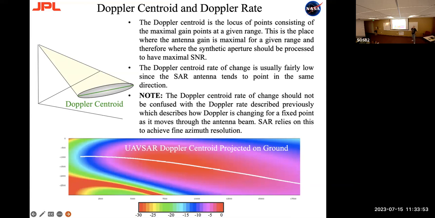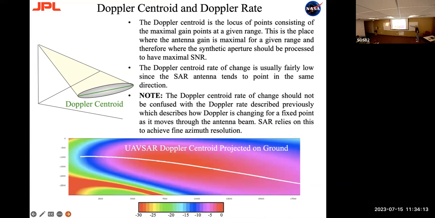They will be in the kilohertz to megahertz range, depending on the wavelength, so they're actually measurable by electronic means.